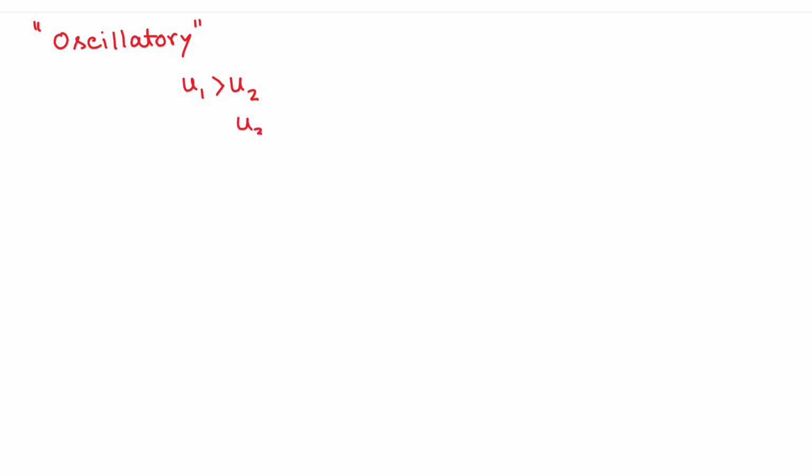Similarly, u3 is less than u2, u4 is less than u3, and so on. So you are getting the relation u1 greater than u2 greater than u3 greater than u4 greater than u5, and so on, uk greater than uk plus 1 for any arbitrary value of k. Yes or no?